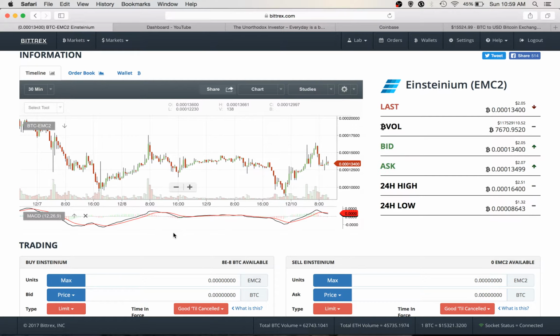So when you see the black line cross above the red line, it's a pretty good indication that it's time to buy, and the momentum is going to increase the price. And as you can see, you see this big uptrend in price, and so there is your downside, your flip to the other side, then you see this negative trend here.